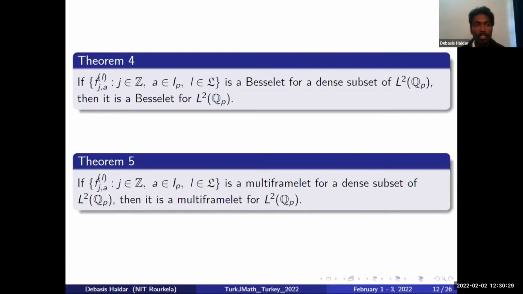If this affine system is a Bessel system for a dense subset, then it is a Bessel system for the whole space L2(Qp). And if it is a multiframelet for a dense subset of this L2(Qp), then it is a multiframelet for L2(Qp). This means that to check a Bessel system or a multiframelet, it is enough to check on the dense subset.